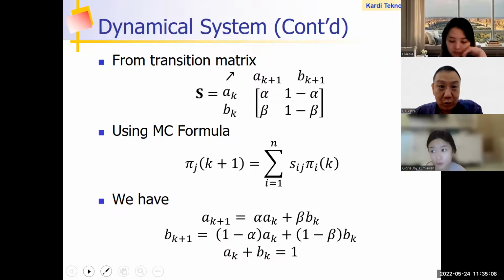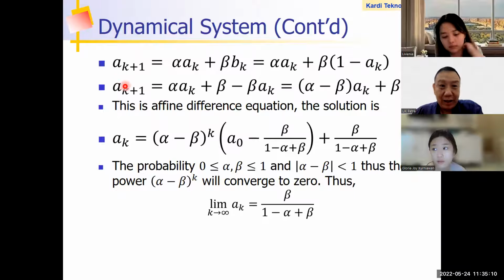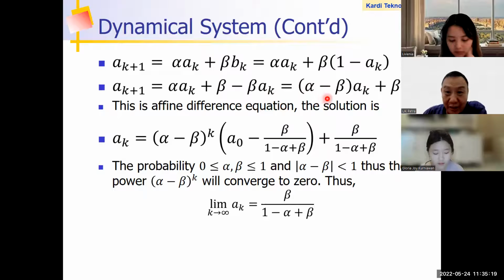And then I can put them together into one equation, yeah? This is just algebra, right? So if you look at this, what is this? A_(k+1) equals (alpha minus beta) times A_k plus beta. Oh, now I have, what is this? This is an affine difference equation, which you know already the solution, right?